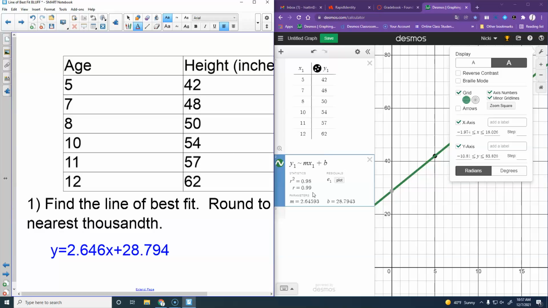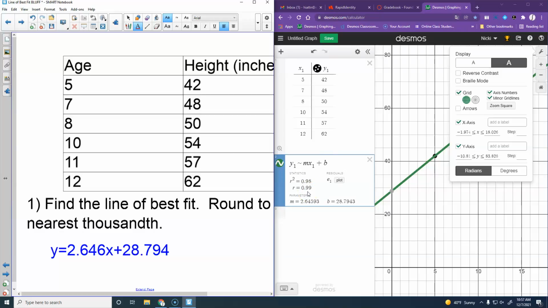It's how close your line is to your points. So, a number close to 1 is really, really good. You can think of it as like a percentage. Like, this is 99% right. It's not really 99%, but you can think of it like that.